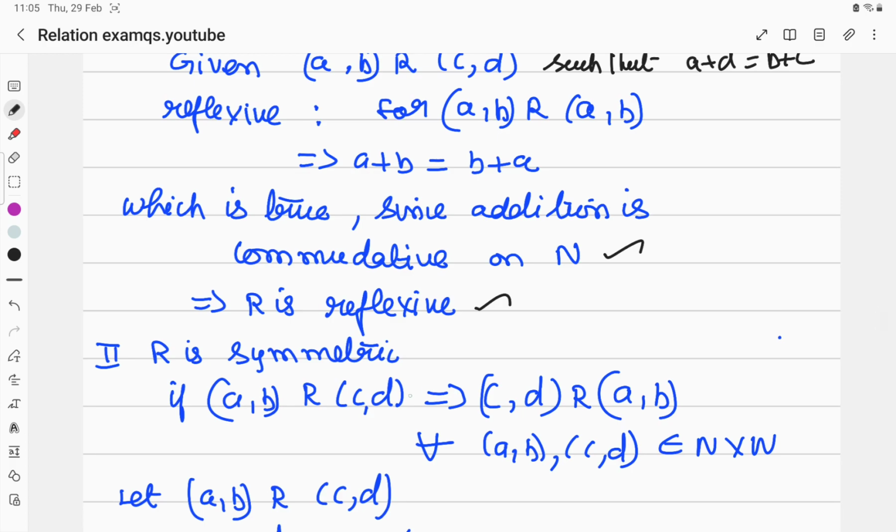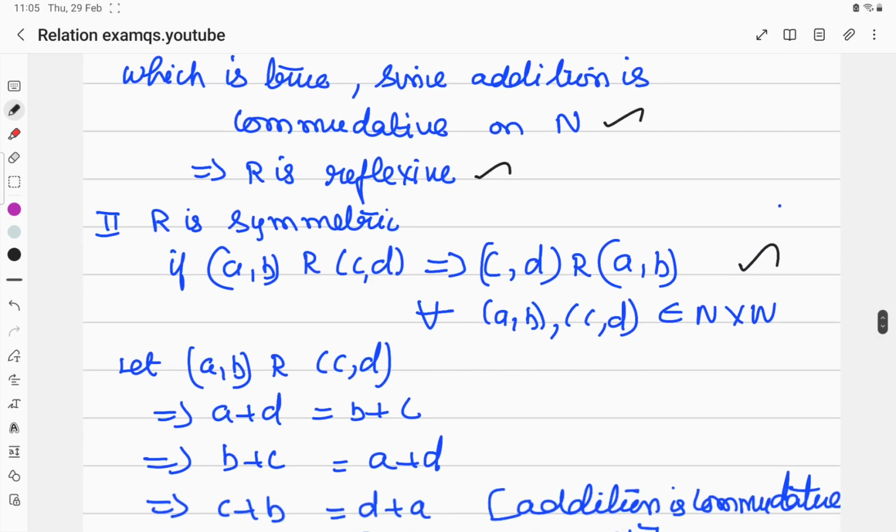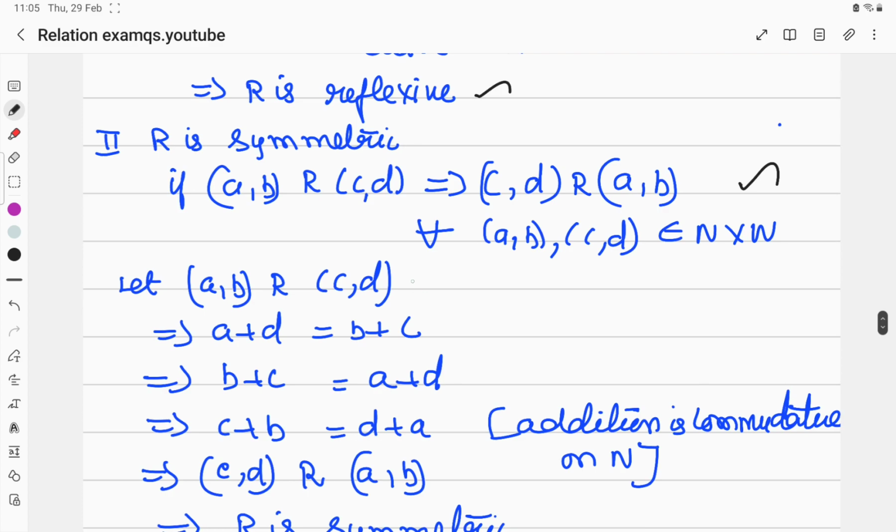Second, R is symmetric. If a comma b related to c comma d, then c comma d related to a comma b for all a comma b, c comma d belongs to N cross N. Given a comma b related to c comma d, then we get a plus d is equal to b plus c.